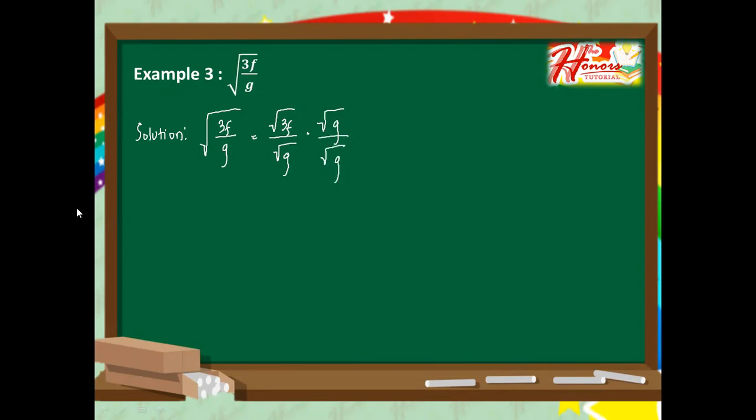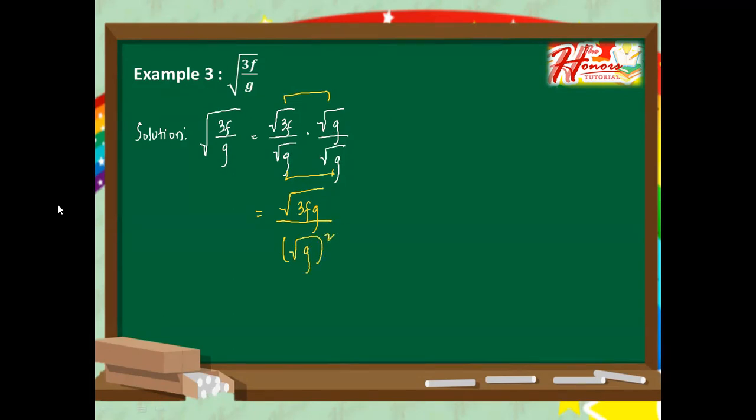And then we have to multiply the numerator to numerator. So the square root of 3f times square root of g will produce square root of 3fg over square root of g times square root of g, that is equal to the quantity of square root of g raised to 2.